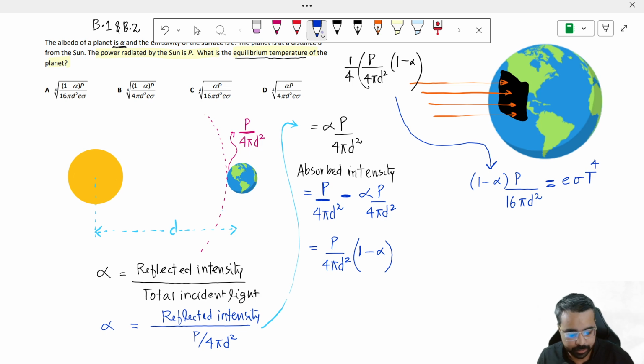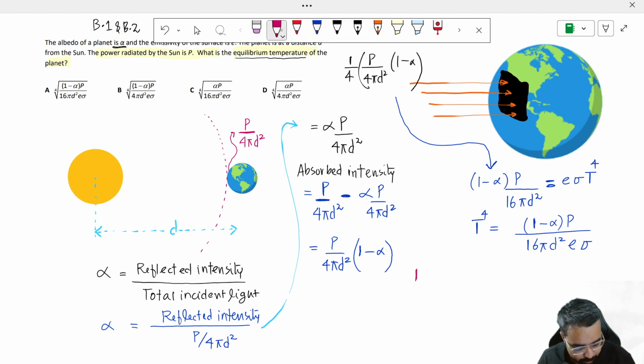We want to find the temperature, so we have to take the E and sigma to the other side. So that will be 1 minus alpha power over 16 pi d square, and you can take E and sigma on the other side. And as you want to find the temperature, you have to take the power 1/4 on both sides in order to find that.